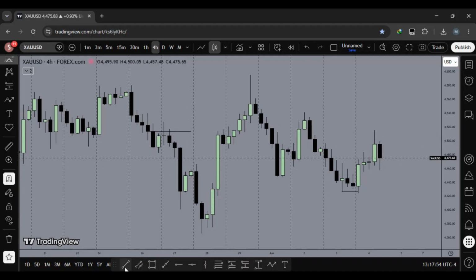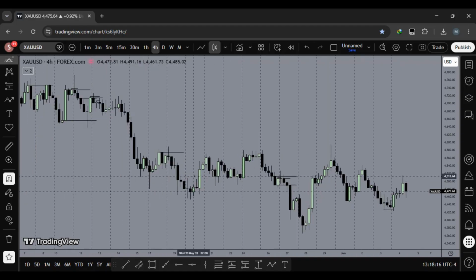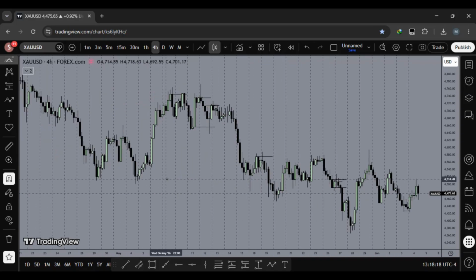You wait for this candle 2 closure, and your entry is here. You go to the 5 minutes and take your entry and sell and target this low from the 5 minutes. That's it. So just go through your chart, back test it, and let me know.